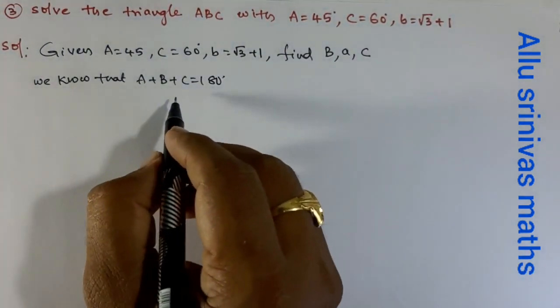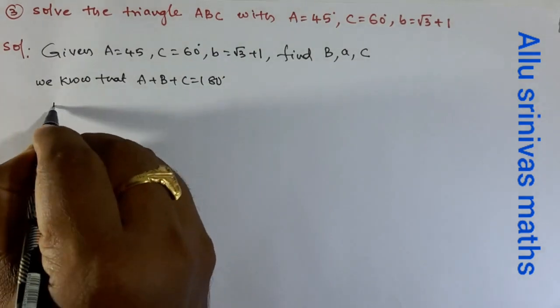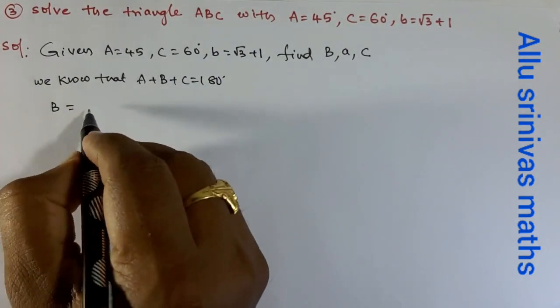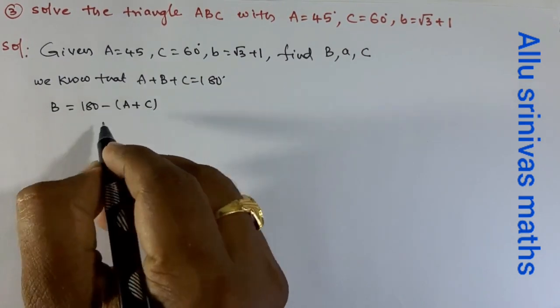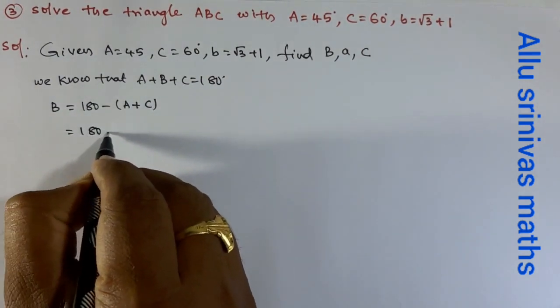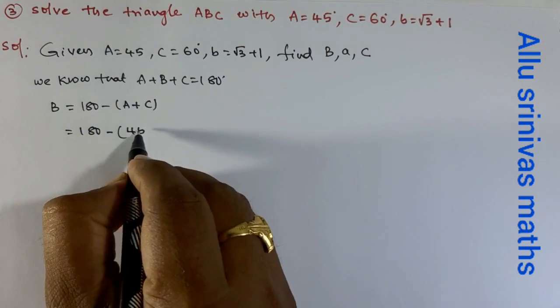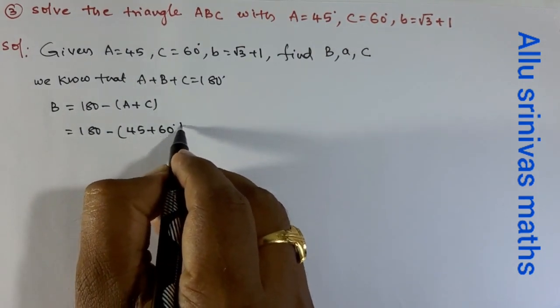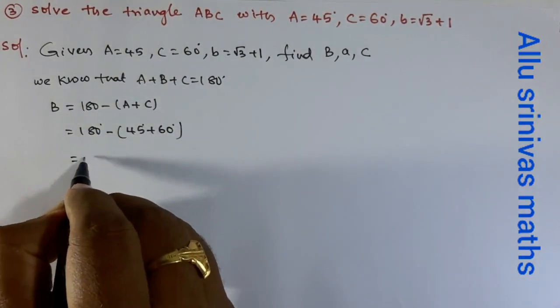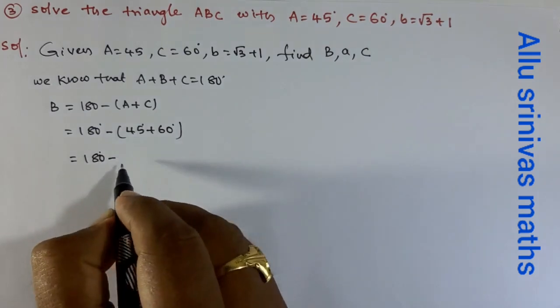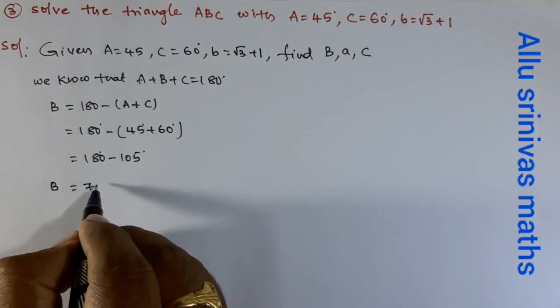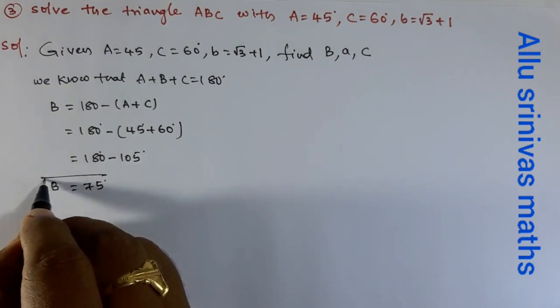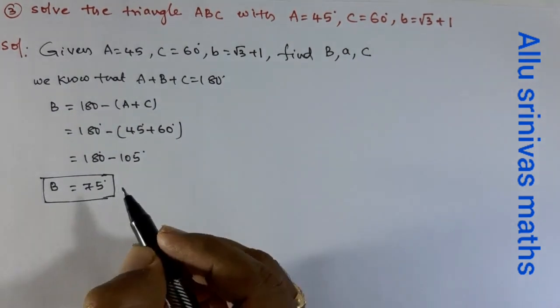We want angle B, then send A plus B terms to RHS side, then B equal to 180 minus of A plus C. 180 minus of where A is 45 degrees plus C is 60 degrees. 180 degrees minus 105 degrees. And then finally angle B equal to 75 degrees. This is the required angle.